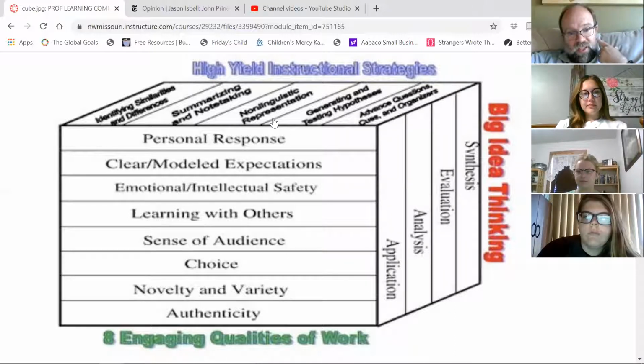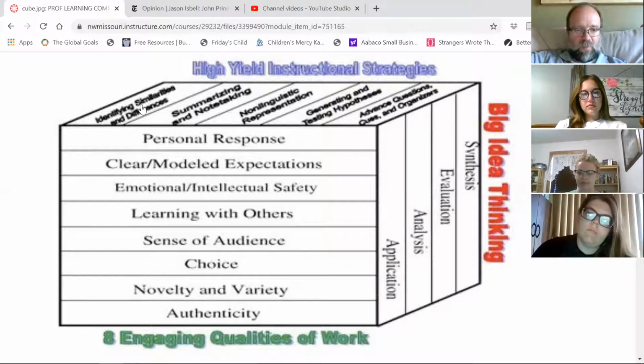So our contention is that if you, in designing your lessons, take one thing from each side of this cube, then the lesson plan that you'll have will be a pretty effective plan. So for instance, if I want my students to analyze differences in the beginning of World War I and World War II, then I know that in big idea thinking, analysis is a high order thinking skill.